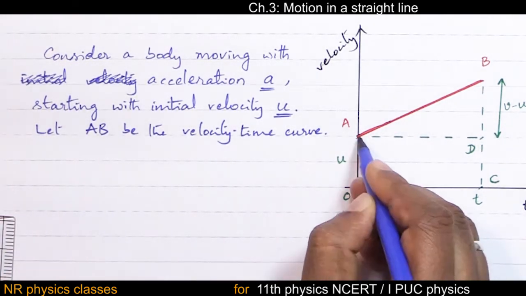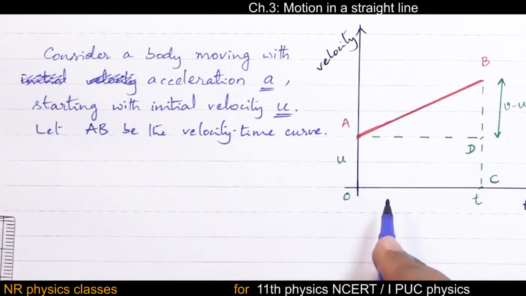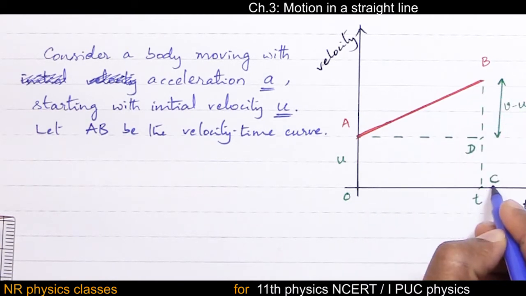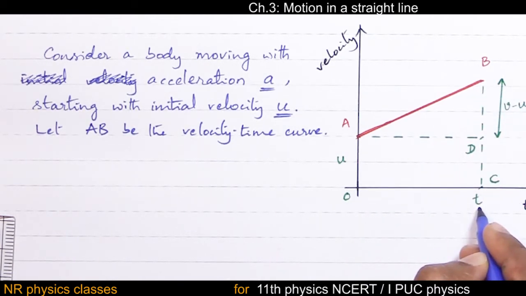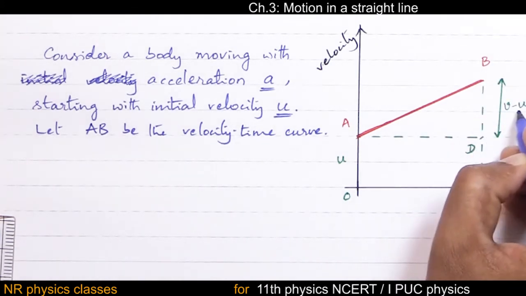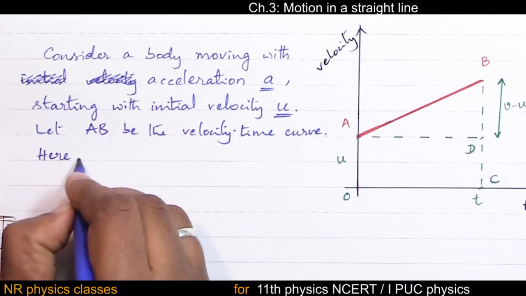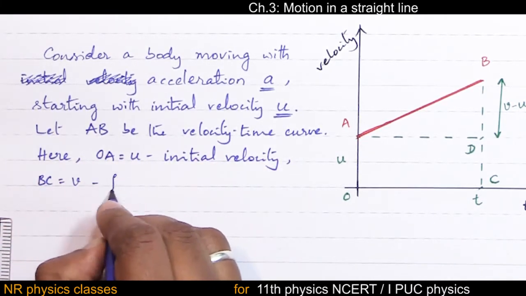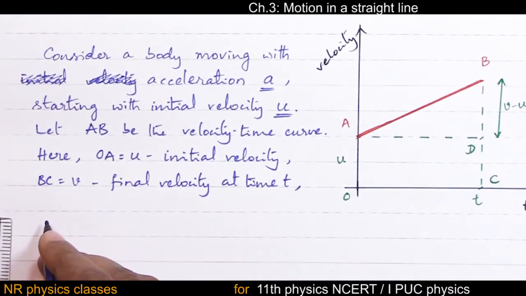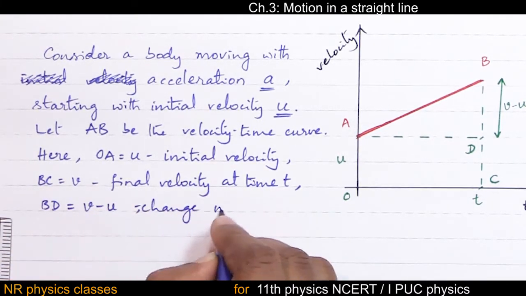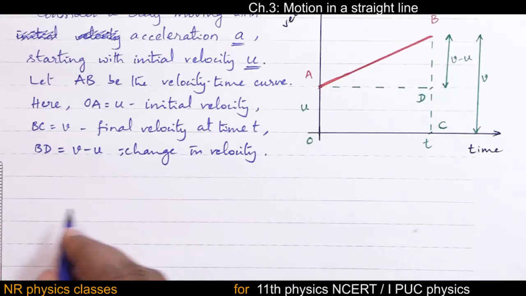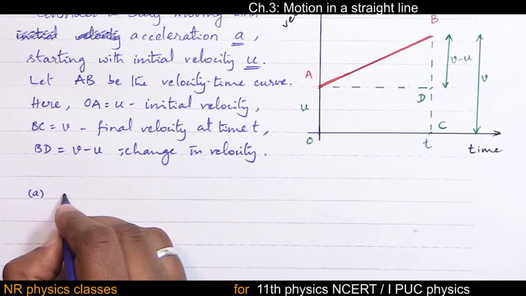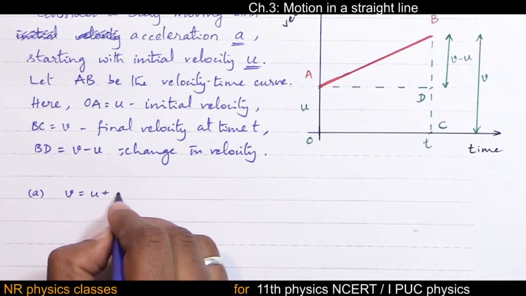Here OA represents initial velocity, OC is the time, BC is the final velocity at time t. Therefore BD is the change in velocity. Now the first equation, to derive v equal to u plus at.